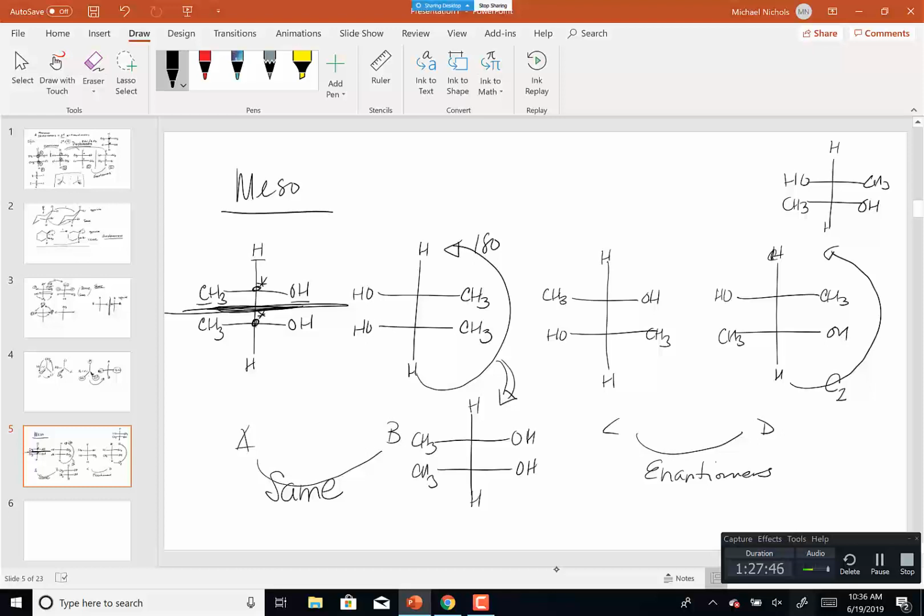Going all the way back to my hands. My hands are chiral. Why? They're mirror images and they're not superimposable. Is a meso compound superimposable on its mirror image? Yes.